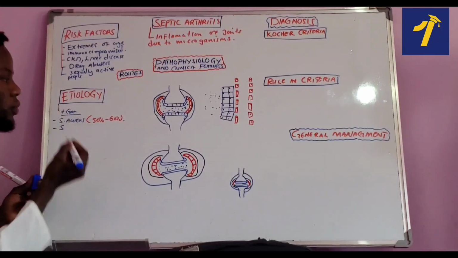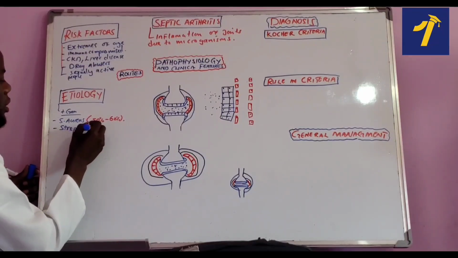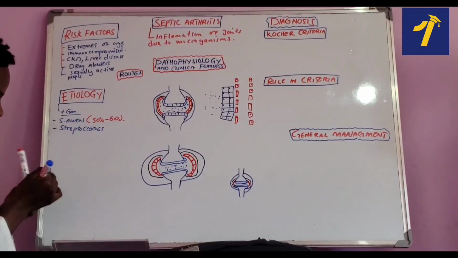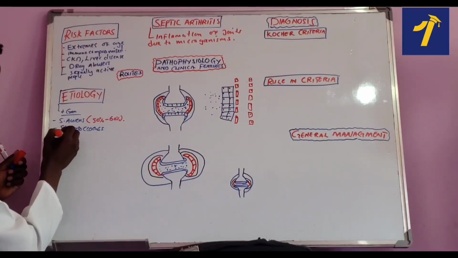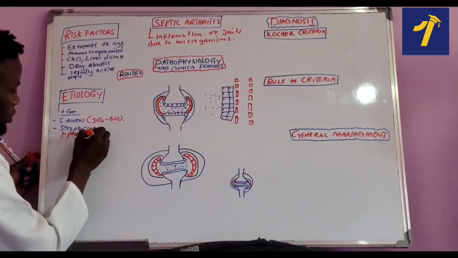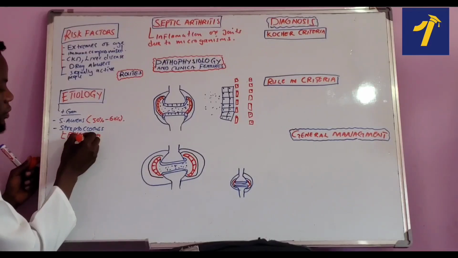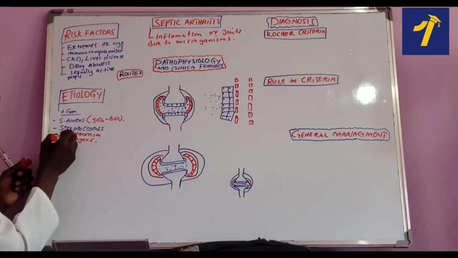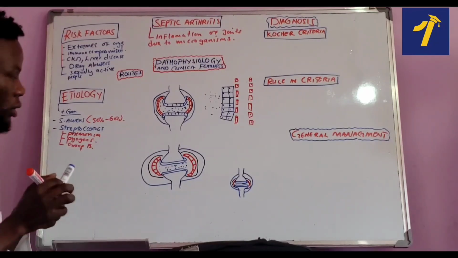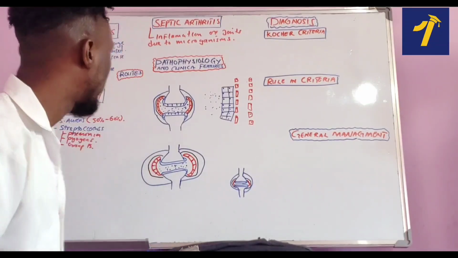We have streptococcus organisms like Streptococcus pneumonia, Streptococcus pyogenes, and group B. These are also common causative agents of septic arthritis. So you need to take note of that.